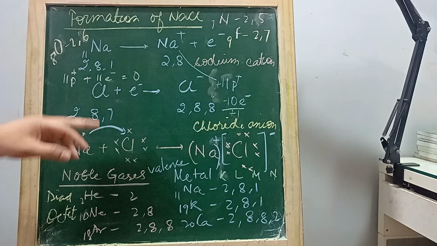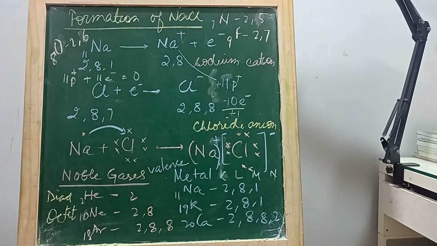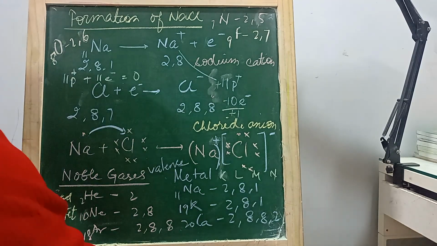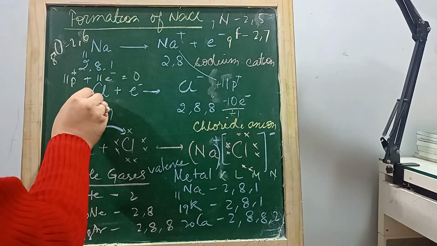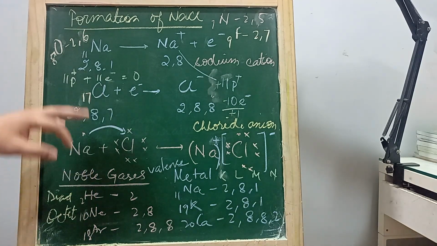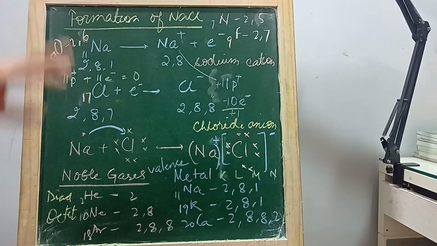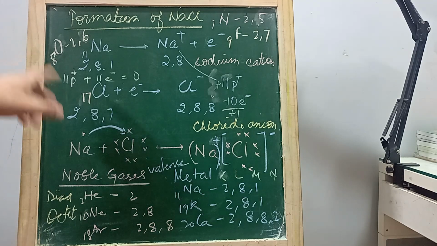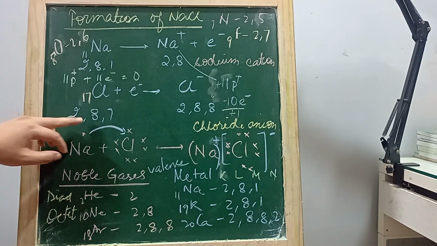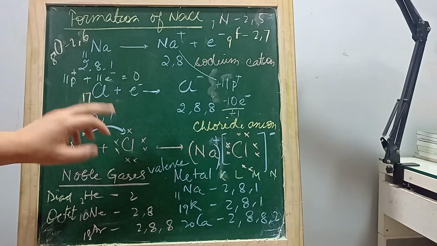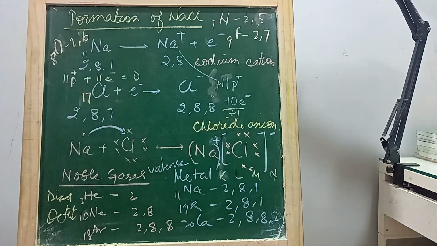Similarly, on the other hand, the atomic number of chlorine is 17, right? That means its configuration is 2, 8, 7. Configuration means the number of electrons in the chlorine atom. So in the outermost or valence shell there are 7 electrons, right?